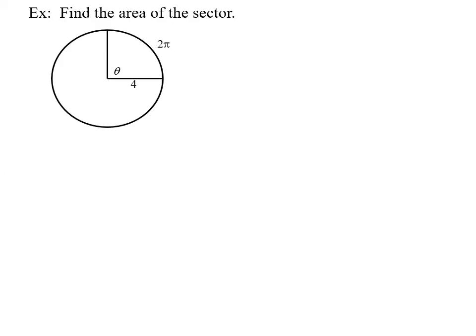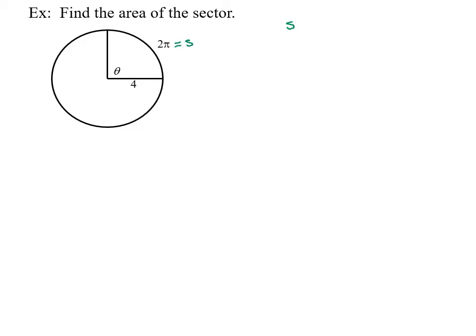Okay, let's talk about area of a sector now for a moment. If we do area of a sector, I need the radius and I need the angle. Like here, I don't have that. The 2 pi in this problem is actually the arc length.